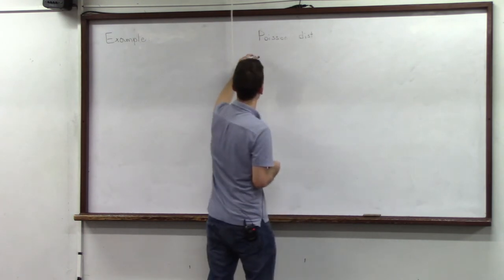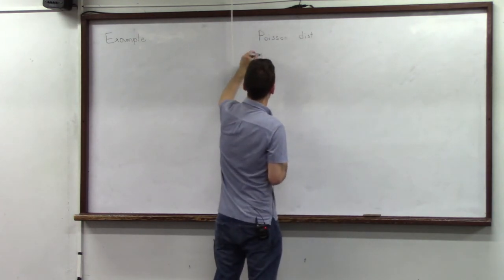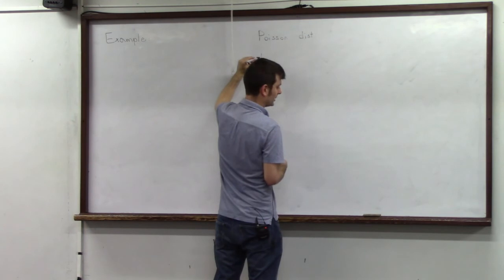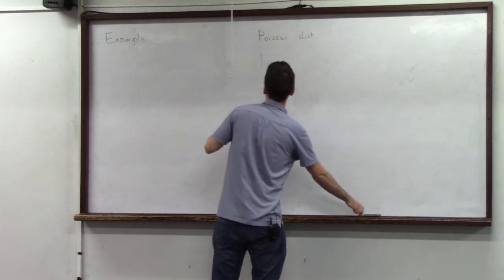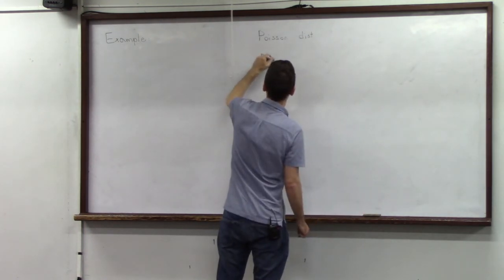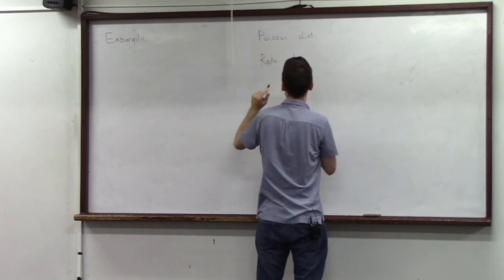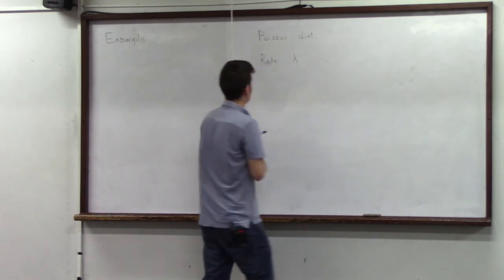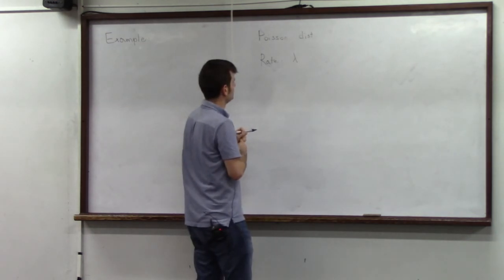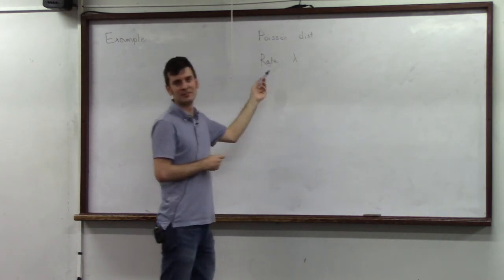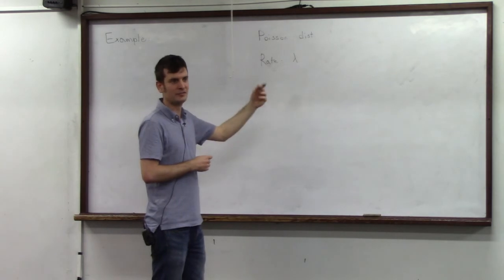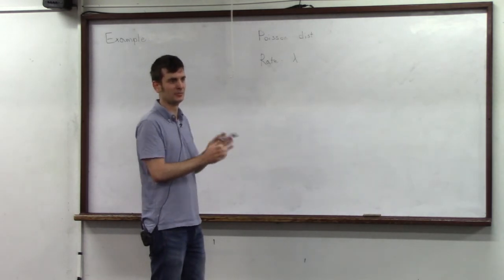The Poisson distribution is described by one parameter, the rate. This can be interpreted as the average event rate in some unit of time.